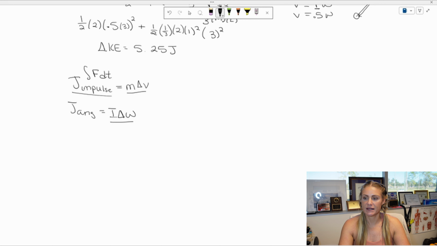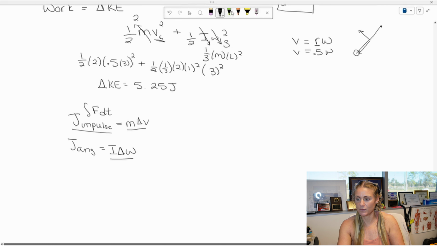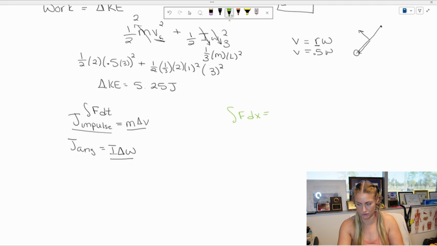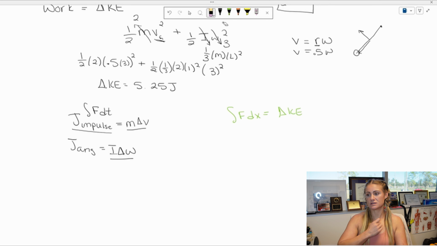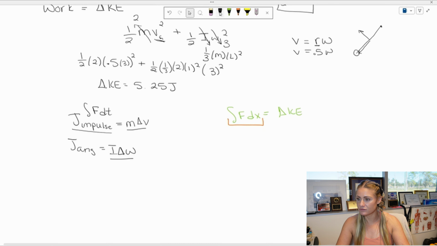On work and energy, we have that force is a function of distance, and it is going to be equal to the change in kinetic energy. But it could also be equal to a change in potential energy, and the potential energy is going to really come from this side of the equation. So what are some potential energy examples?